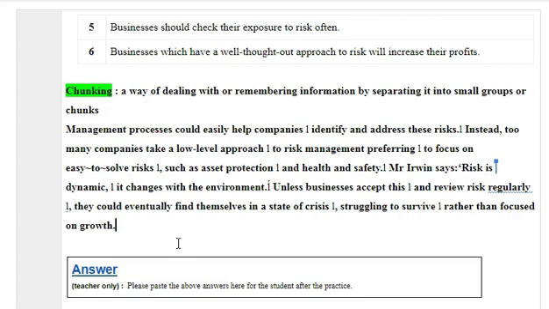Mr. Irwin says risk is dynamic. It changes with the environment. Unless businesses accept this and review risk regularly, they could eventually find themselves in a state of crisis, struggling to survive rather than focused on growth.